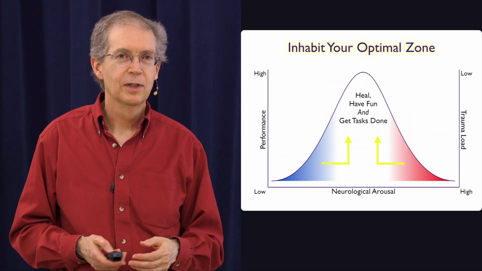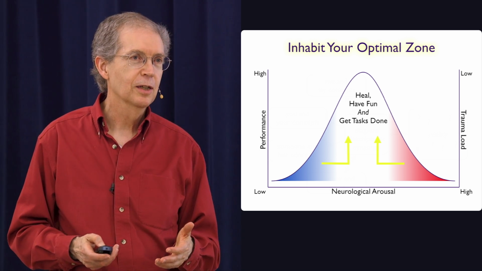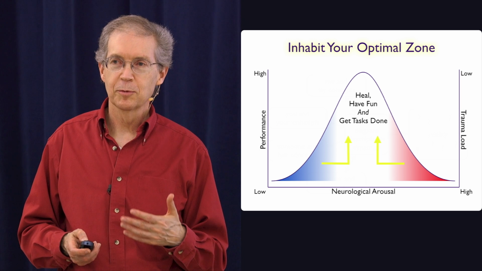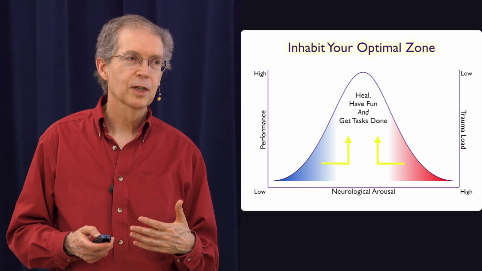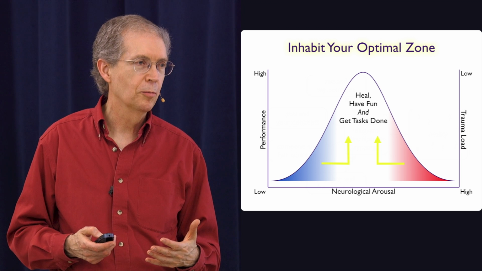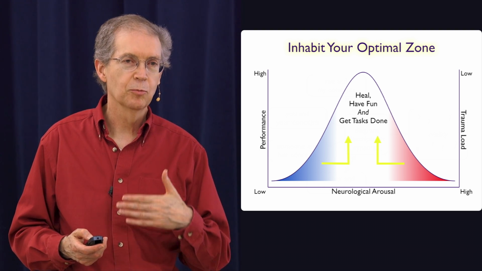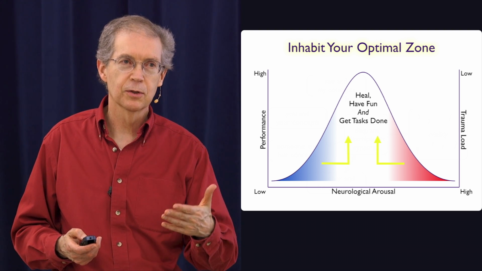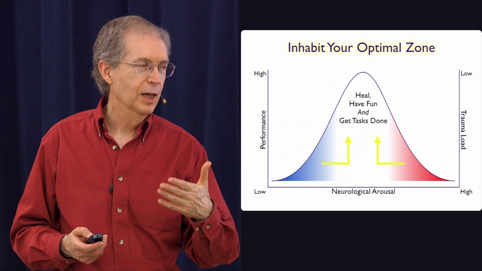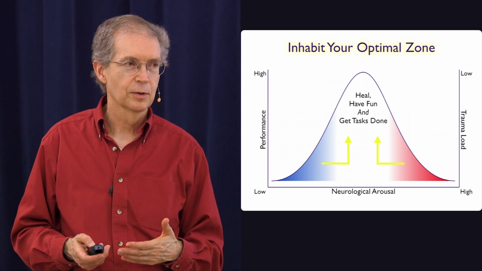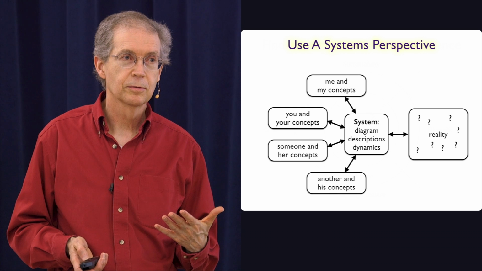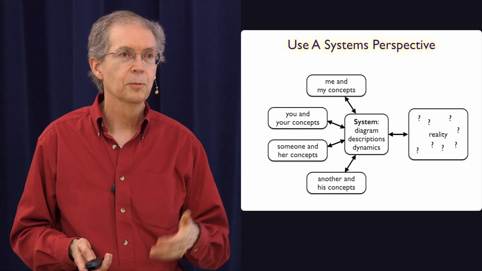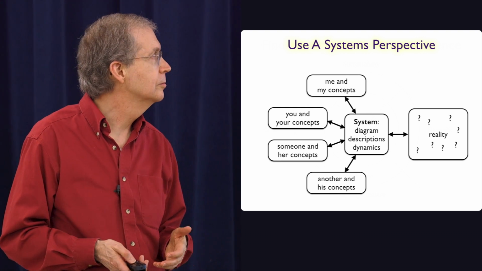Really develop that optimal zone hygiene, optimal zone first aid, optimal zone healing, all of those things, and get more and more at home in your own optimal zone and more capable of helping others connect with their optimal zones. Use a systems perspective, as we've been talking about tonight.